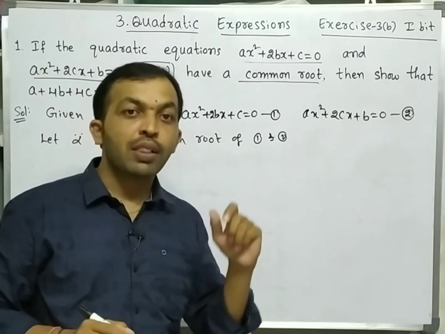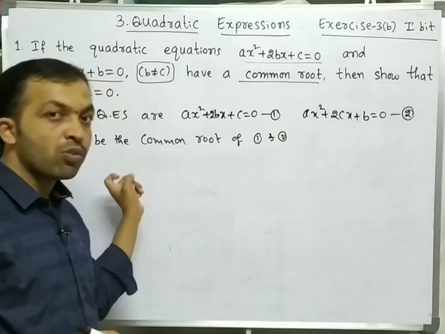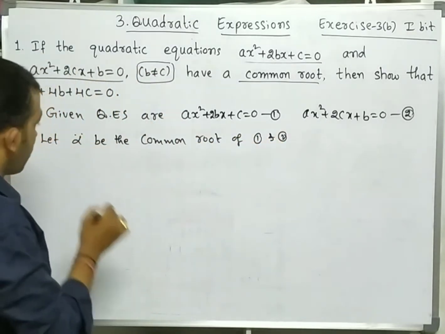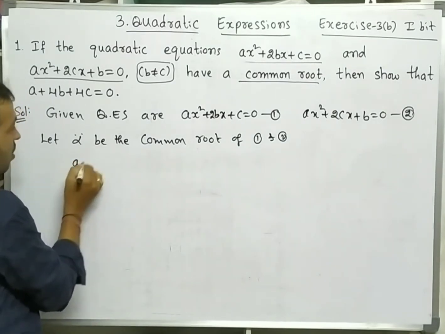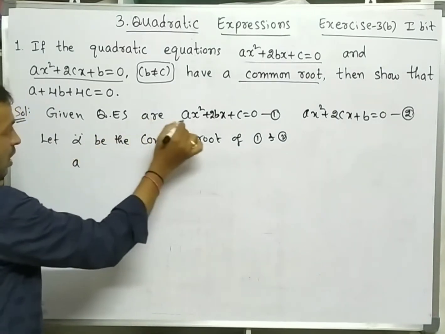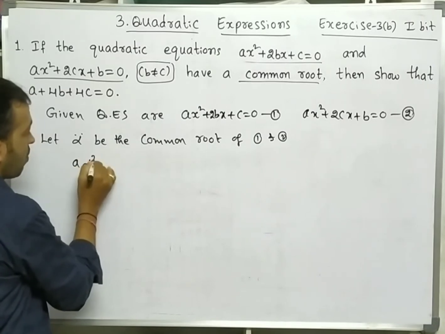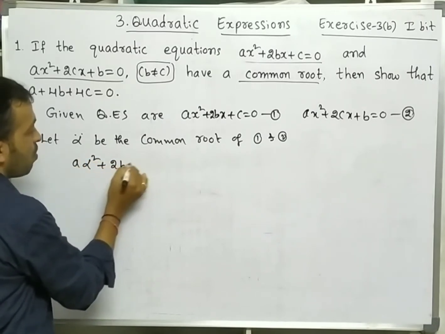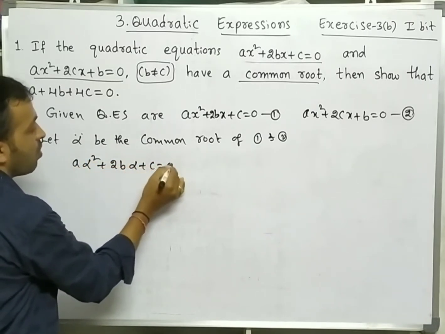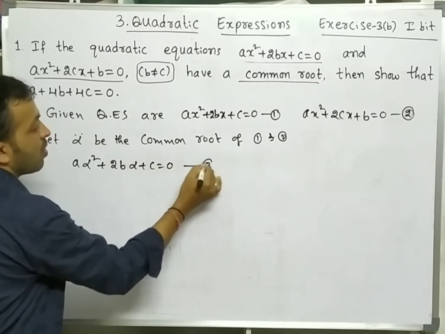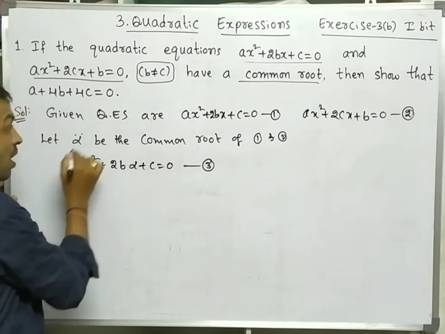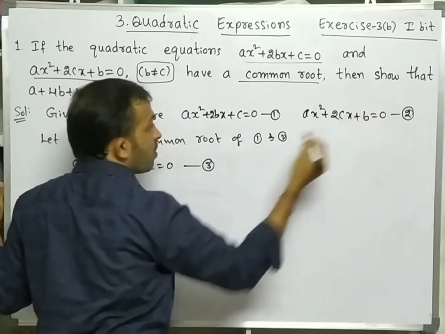So as alpha is the root of equation 1, it should satisfy equation 1. So alpha should satisfy equation 1, then a alpha square plus 2b alpha plus c is equal to 0. This is equation number 3. And alpha is the root of equation 2, right?